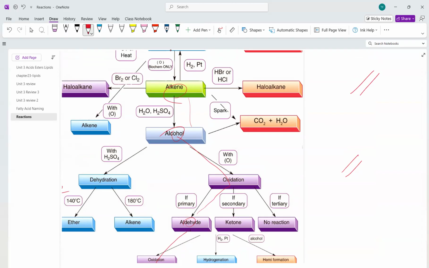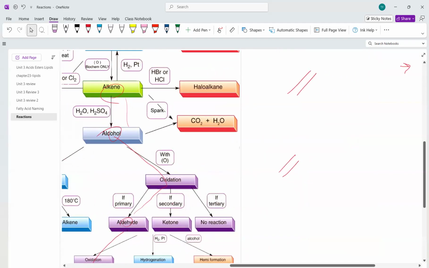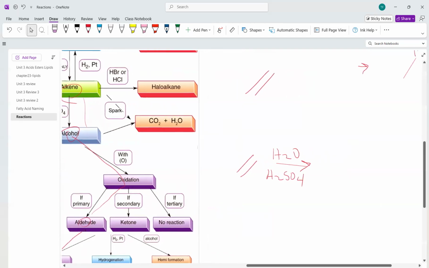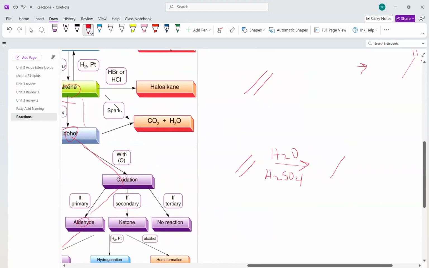Okay, so we start with the alkene. Add to the alkene water, and some acid, either H plus or H2SO4. That gives us alcohol.